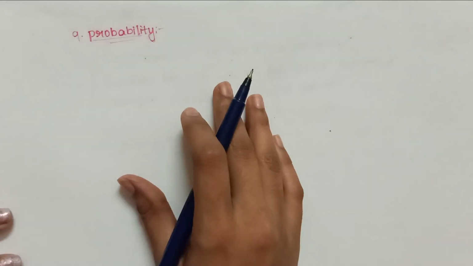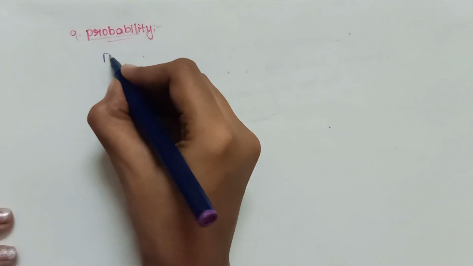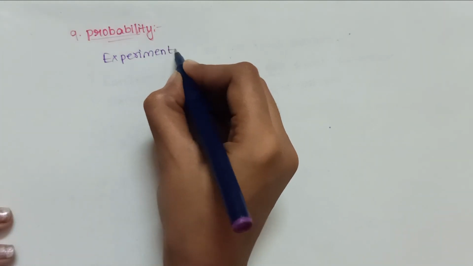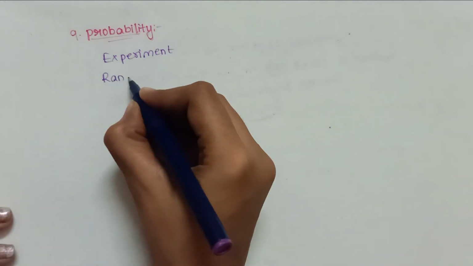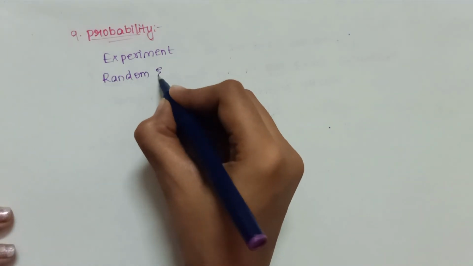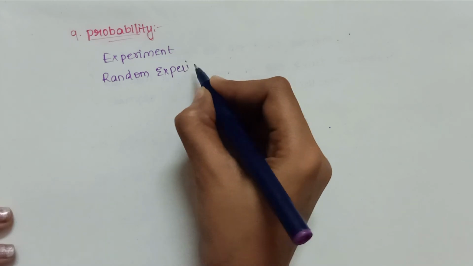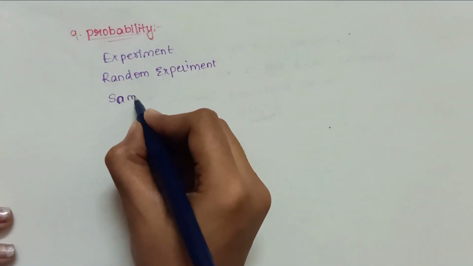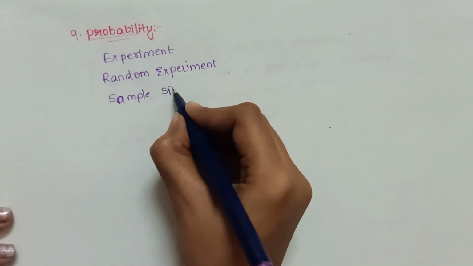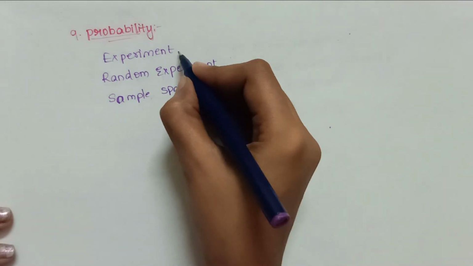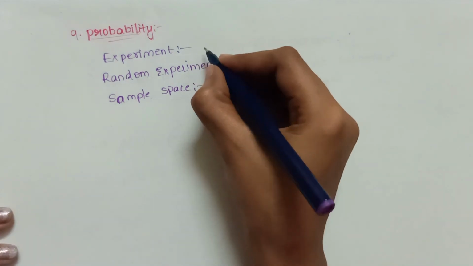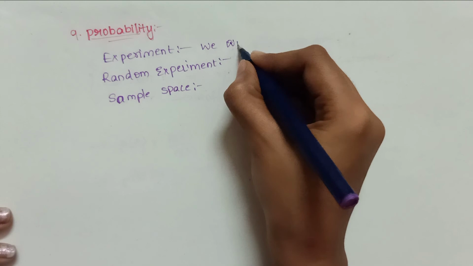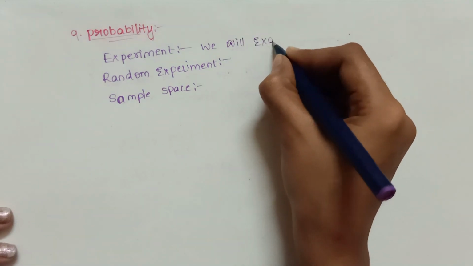Ninth topic, probability. Probability consists of experiment, random experiment, and sample space. Experiment means we will get an exact outcome.